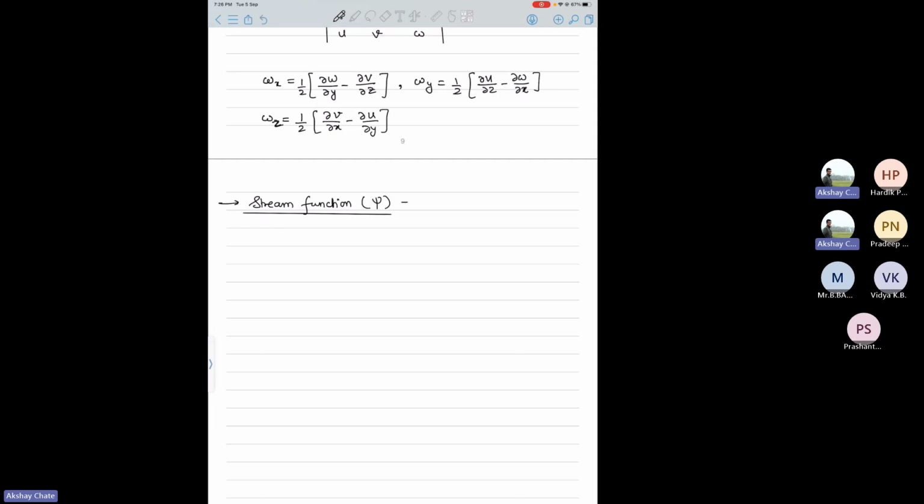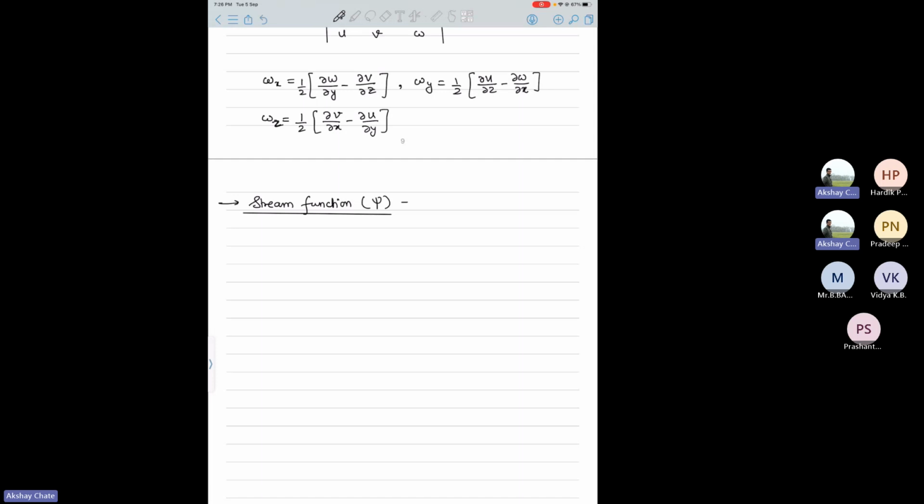First of all, it is continuity. Basically, if the flow is satisfying the continuity equation, then the stream function will exist.